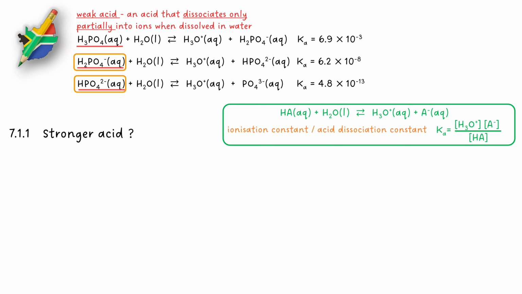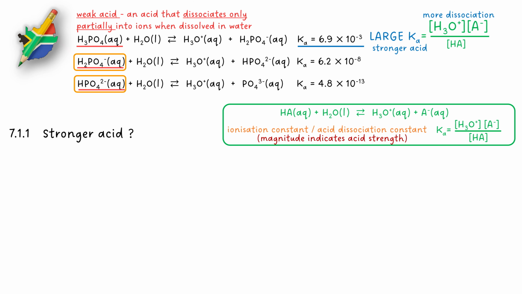For the first question, we need to identify which of these two acids encircled in orange is stronger, and we must explain. Now we know that the magnitude of Ka indicates how strong a weak acid is, in other words, the degree to which it dissociates into ions. A large Ka value, like the one in the first equation, indicates a stronger acid.